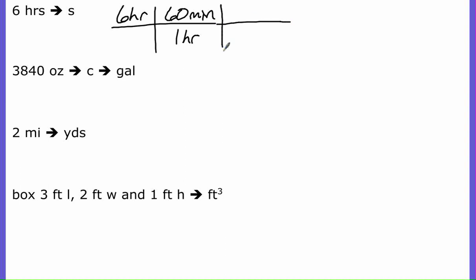Now that I'm in minutes and those hours are canceled, I should be able to get to seconds now because I know there are 60 seconds in a minute. So my minutes cancel, and this is a little bit more complex because I have 2 conversion factors, but all I have to do is take that 6 and multiply it by 60 and multiply by 60 again.